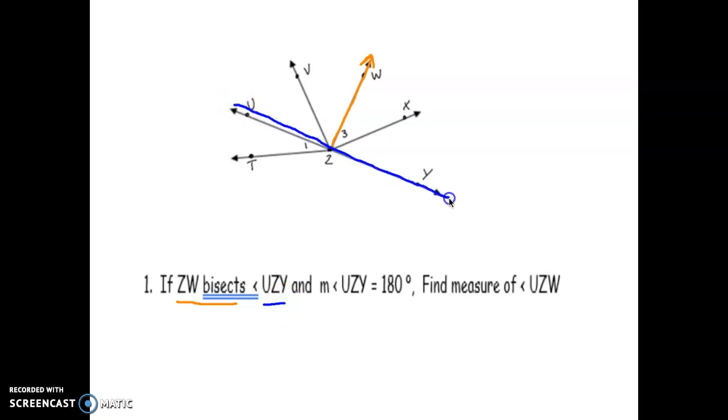Then it tells us that UZY, that blue angle, is 180 degrees. And I want you to find the measurement of UZW.